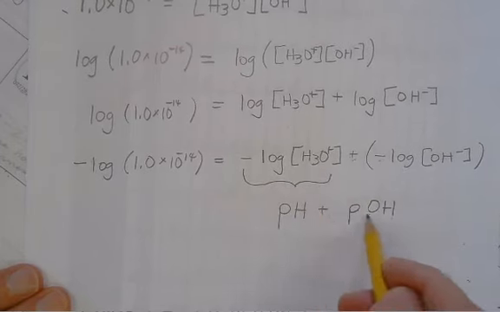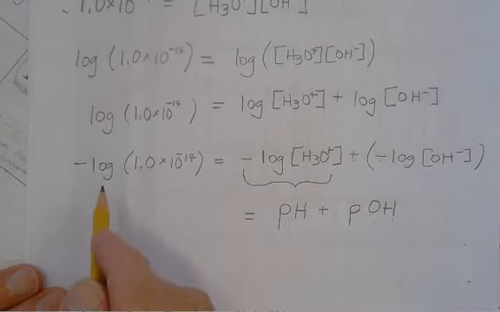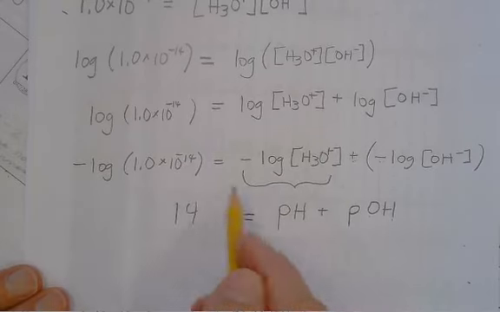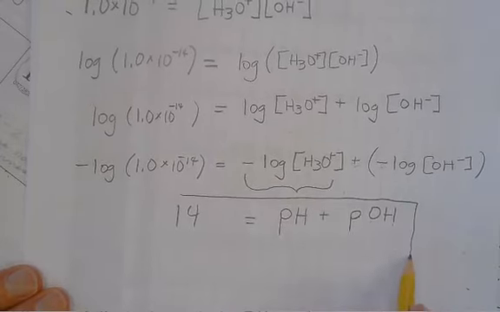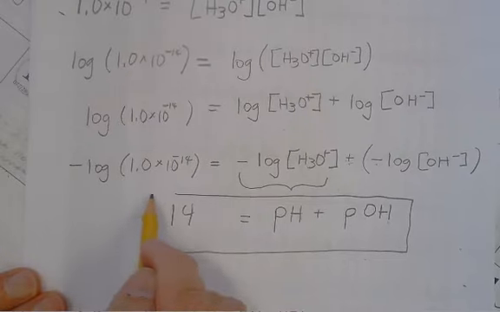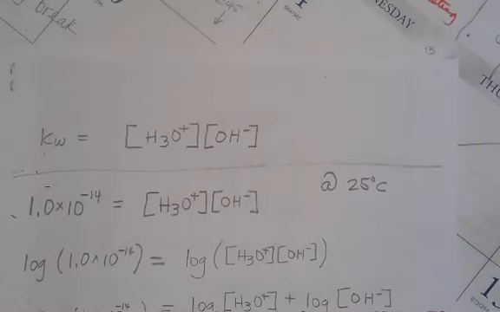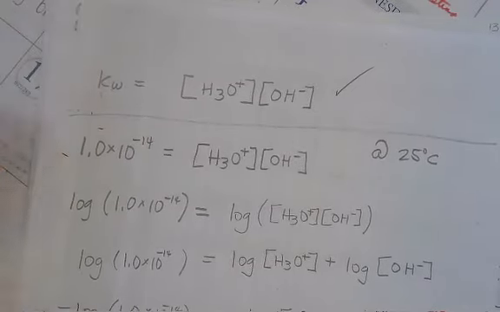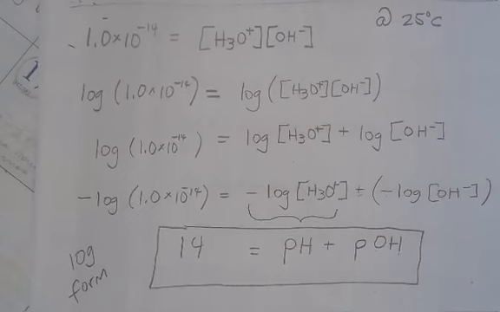Now I have this guy plus this guy. What's the log of 10 to the minus 14th? Minus 14. Negative times a negative 14 gives me 14. So this is just the same thing as this, only in the log form. Nothing special about it.